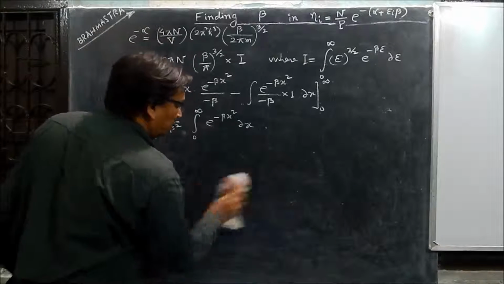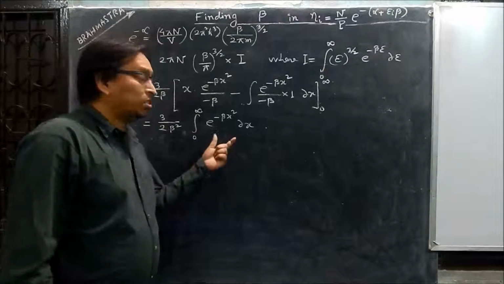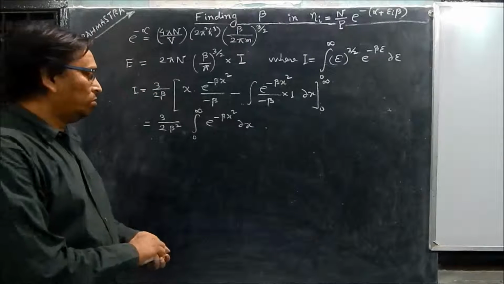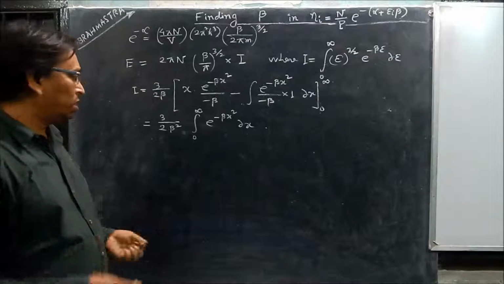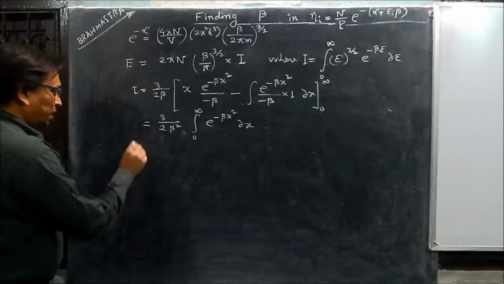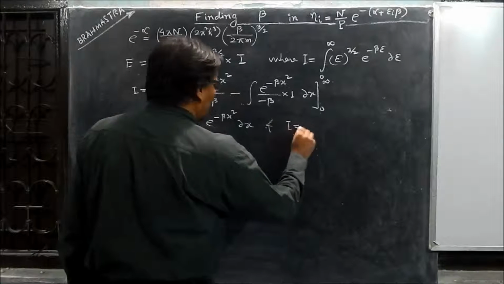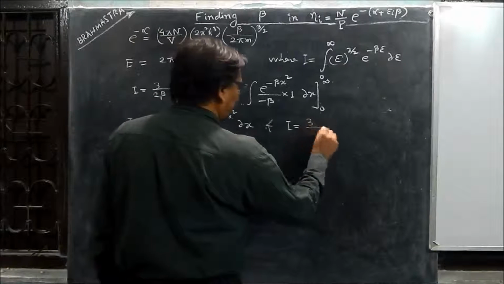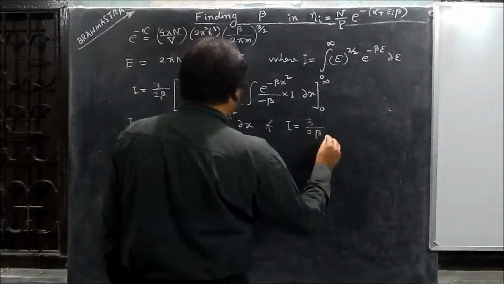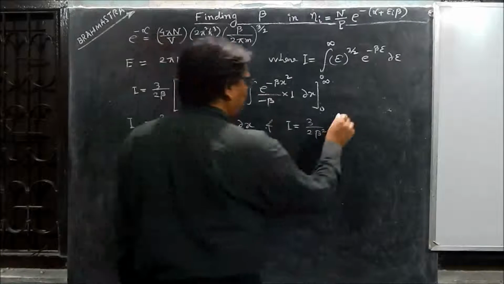Now, those who have seen my previous class have seen that in this sort of integration we have to use the Jacobian, otherwise it is not possible to solve this. So we take one I like that and another I in the format of 3 by 2 beta square. The constants will remain the same, just we will change the variable.